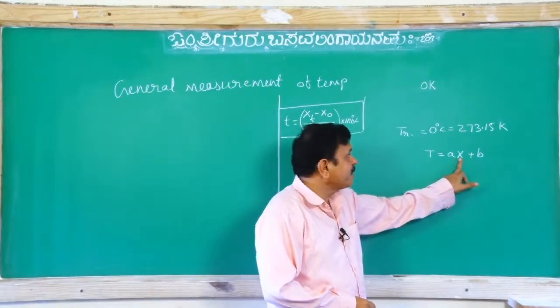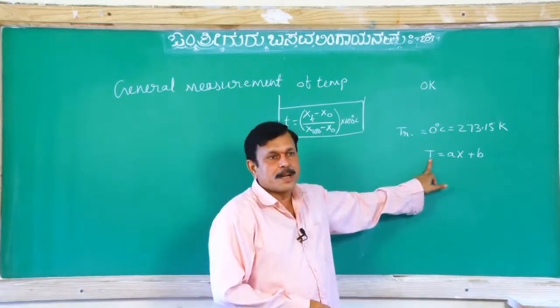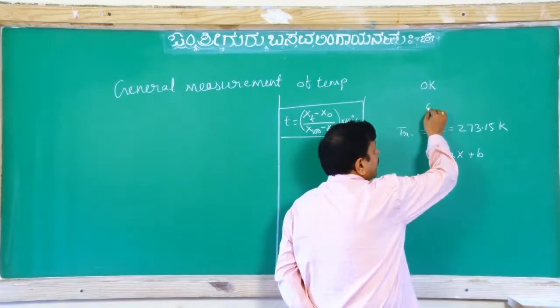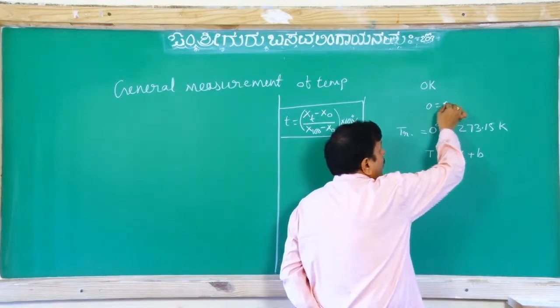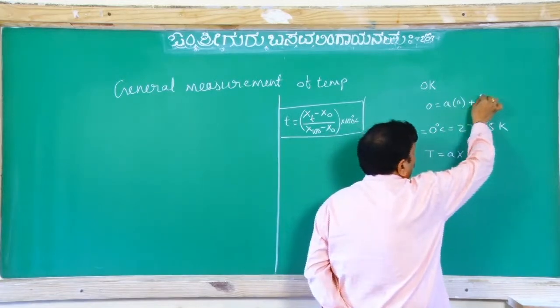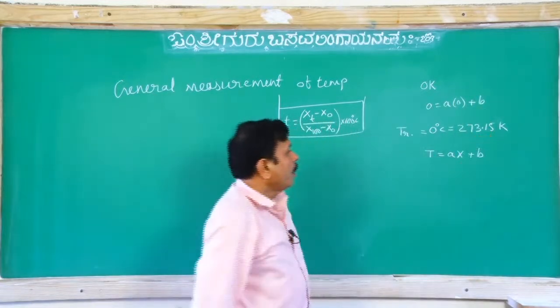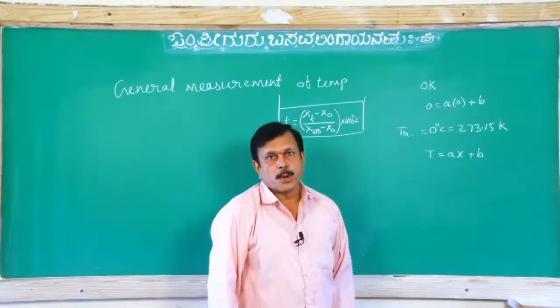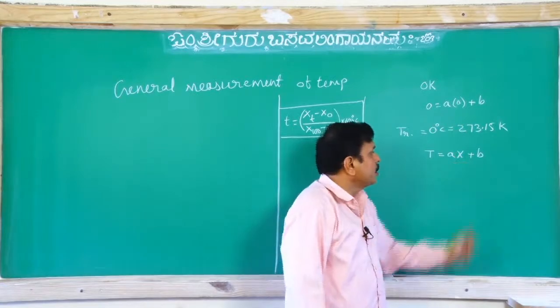That is, resistance becomes 0 as well as temperature becomes 0. So now, if we use this data, that temperature is 0 and the parameter is 0, then for the constant B, we get the value of B equal to 0.